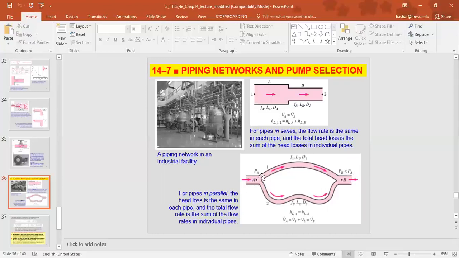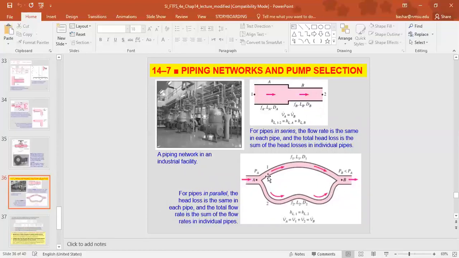So here, let's assume this is branch 1, branch 2, then HL1 equals HL2. Why? Since delta PL1 equals delta PL2. Why? Because the pressure at A and the pressure at B are the same no matter whether we took branch 1 or branch 2.